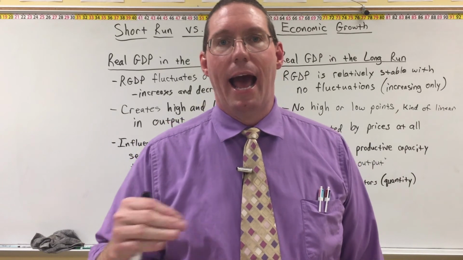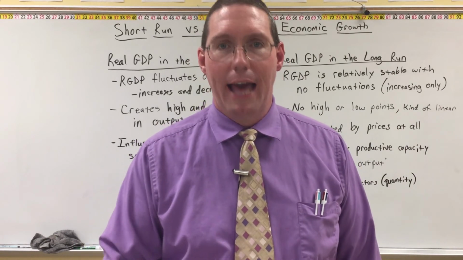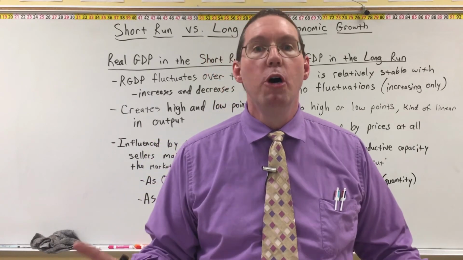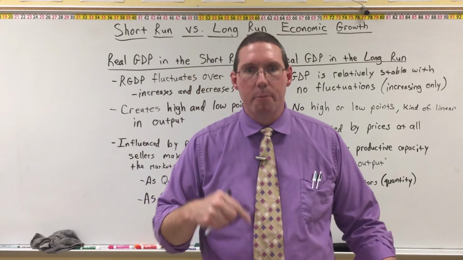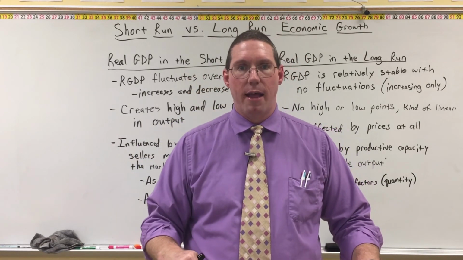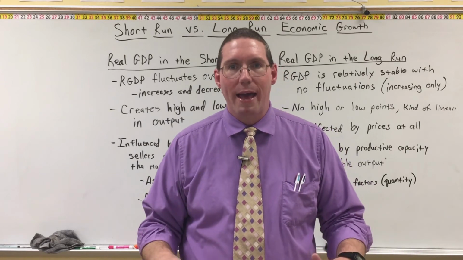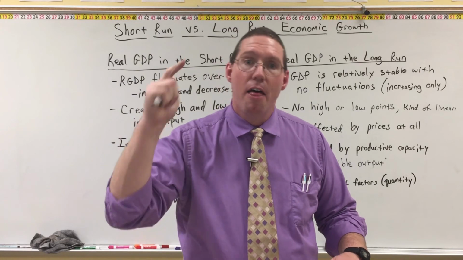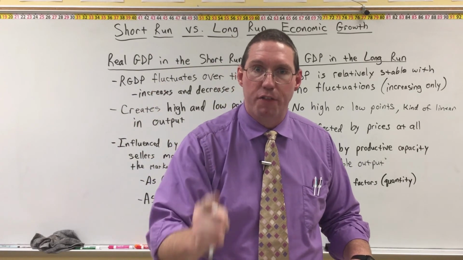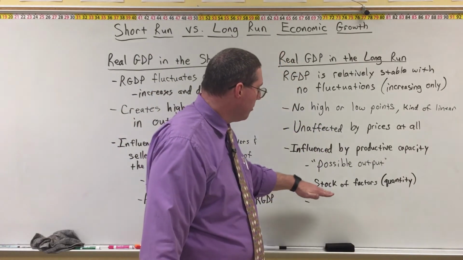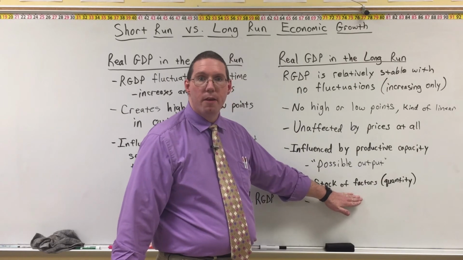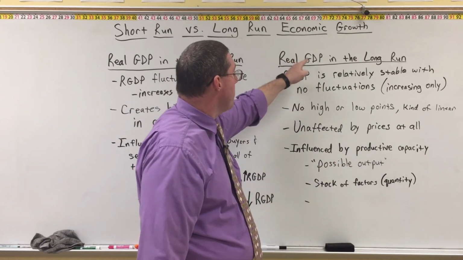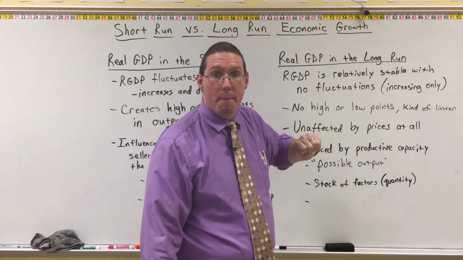How much land, how much labor, and how much capital do we have available to make stuff? And when you put together our land, labor, and capital in the United States in a particular way, there is a maximum amount of stuff that can be made. That maximum amount of stuff that can be made, given our limitations on the quantity of factors of production, that maximum amount is the real GDP in the long run.